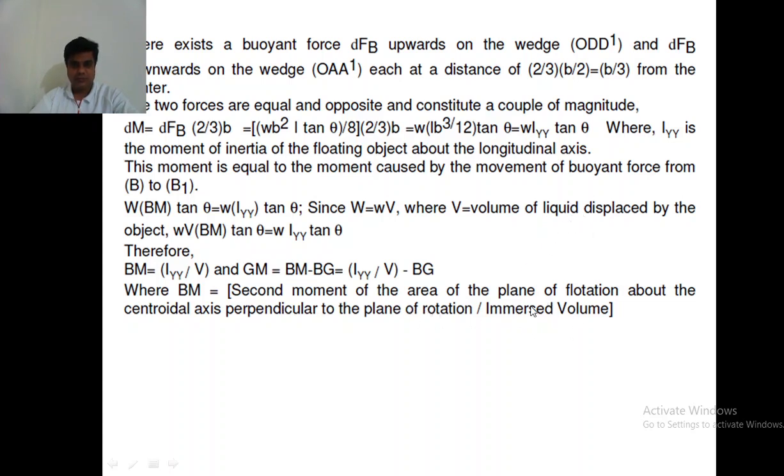That gives BM, and GM, the metacentric height, is BM minus BG. BM is the second moment of area divided by the volume of liquid displaced, or the immersed volume, minus BG. BG is the distance between the center of gravity and the center of buoyancy. This will give the metacentric height.